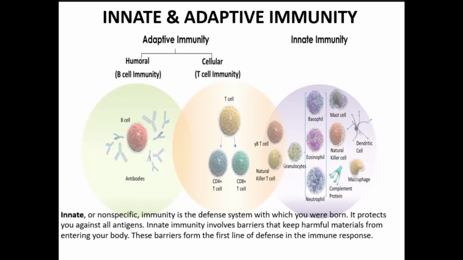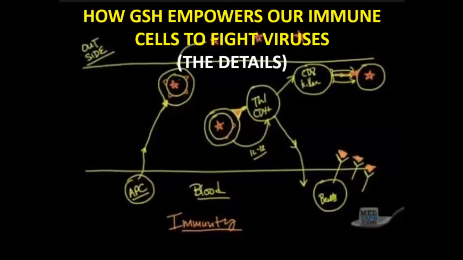But in general, the role of glutathione spans across the entire gamut or range of viral infections. And we go into detail how glutathione empowers our immune systems to fight viruses, no matter what type of virus.